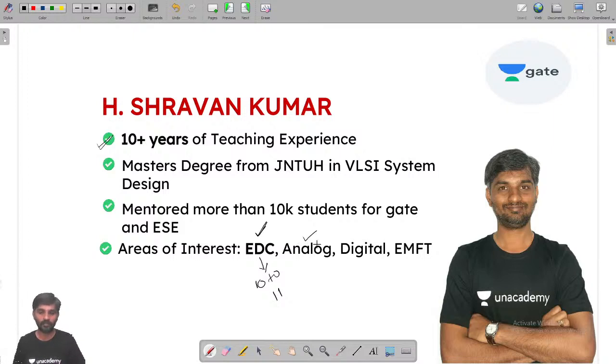That is what analog electronics means. What is digital electronics, sir? Digital electronics is generally your STLD, microprocessors, and computer organization. These three subjects come under the digital part of GATE. EMFT is nothing but electromagnetic waves. This is also one of the important subjects.